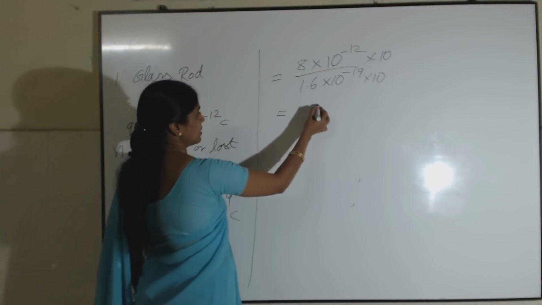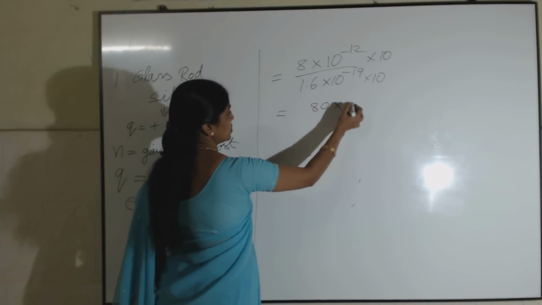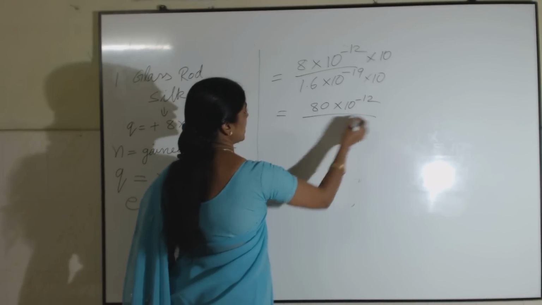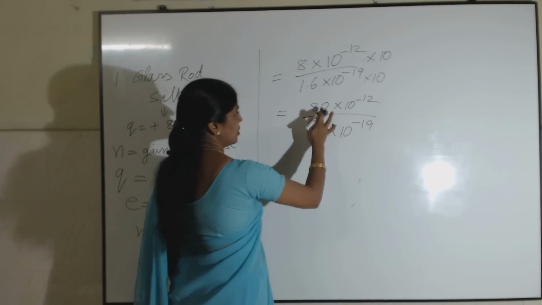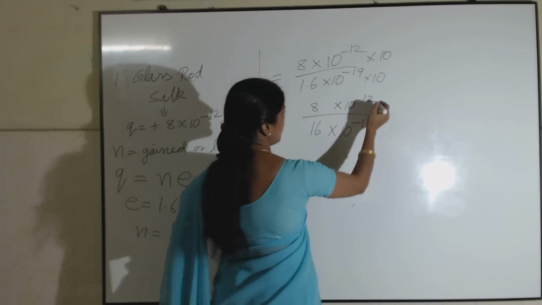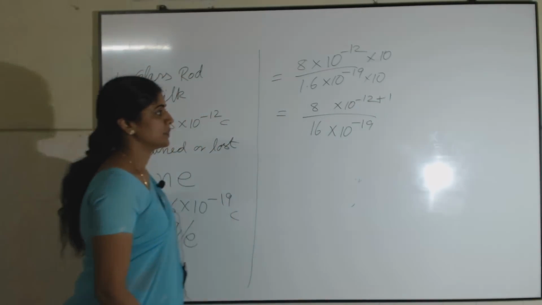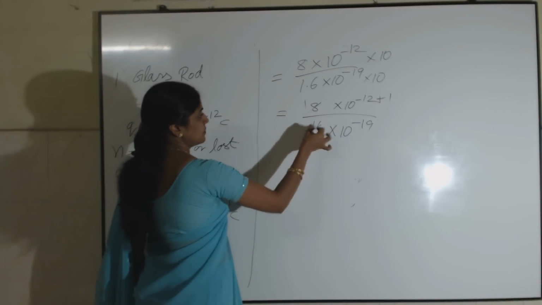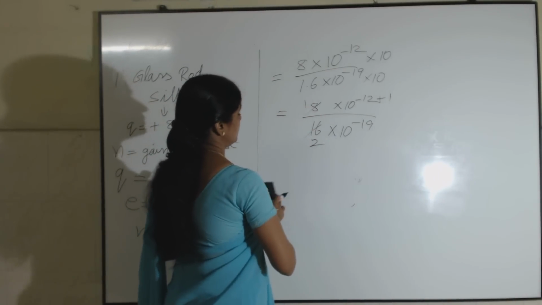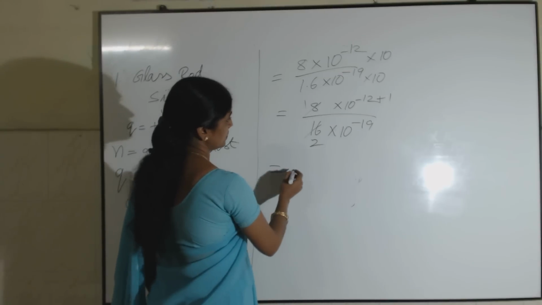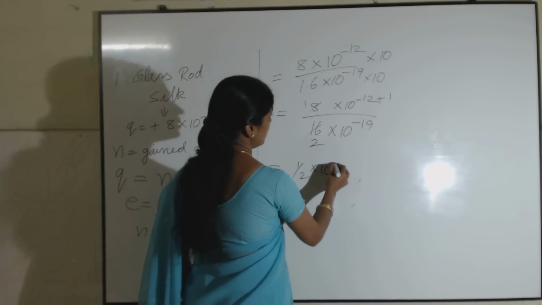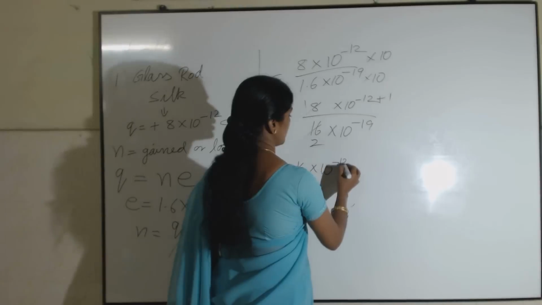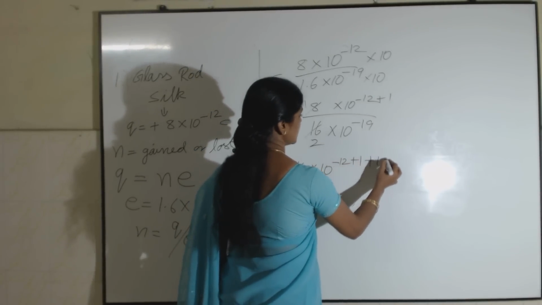So in the numerator it will become 80 into 10 power minus 12 by 16 into 10 power minus 19. I can also write this as 8 into 10 power minus 12 plus 1, by 1 by 2 into 10 power minus 12 plus 1 plus 19.